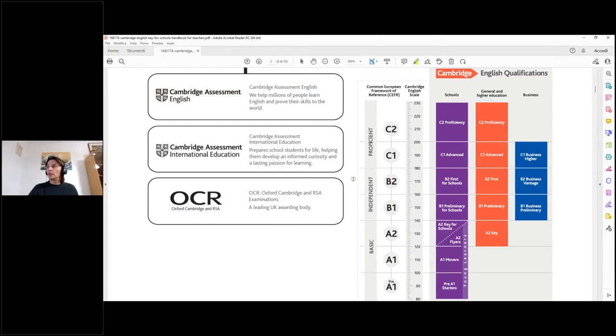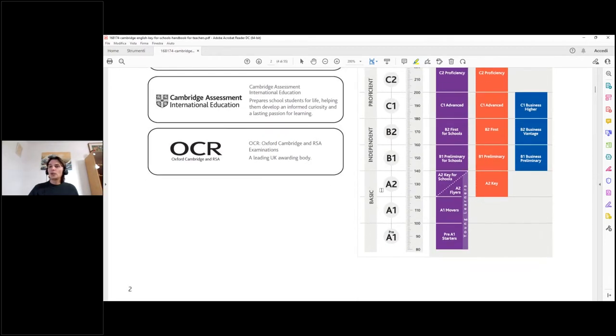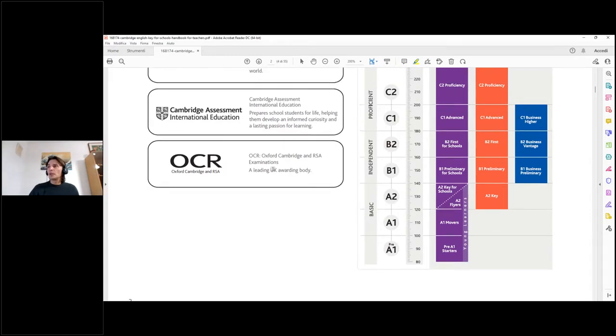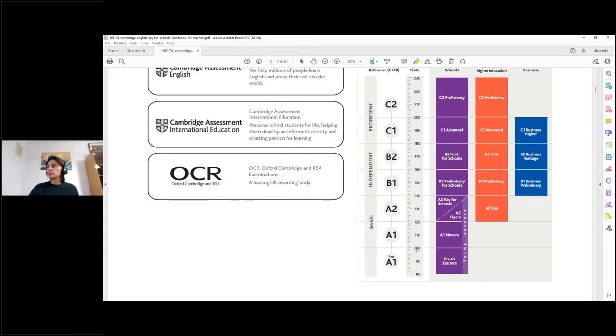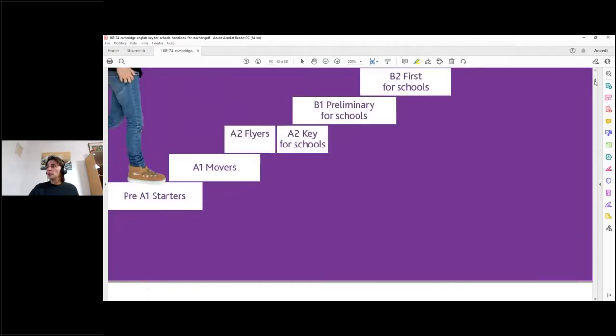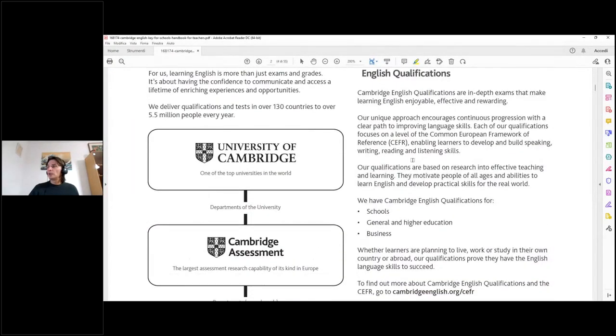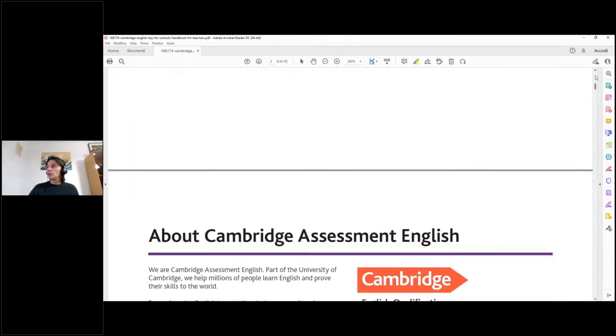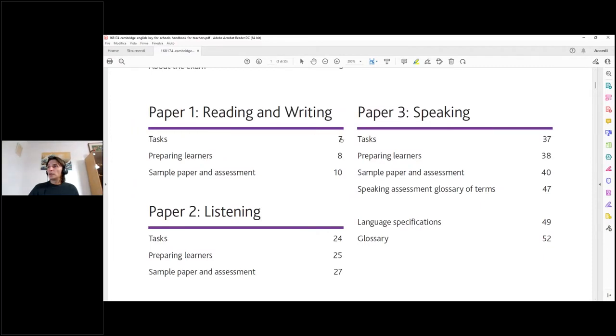So these levels are valid throughout Europe, okay? So you could get 120 points, if I am correct, from your reading and writing exam, right here, right?